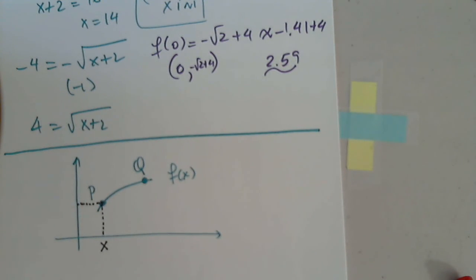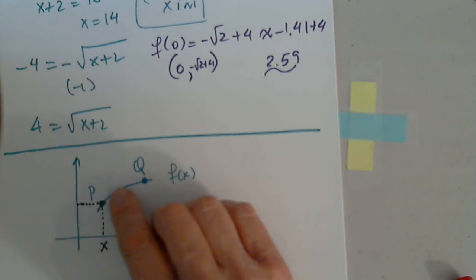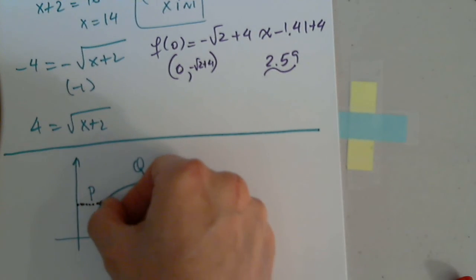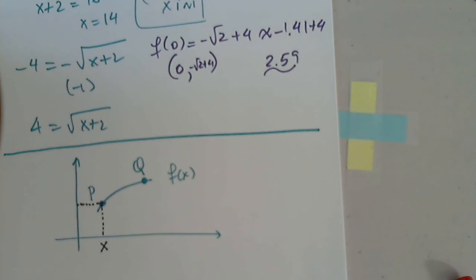How would I do that? This is a point on the graph of f of x, and x coordinate is x. What could y coordinate be? I don't know if I'm understanding. So it would be 0.